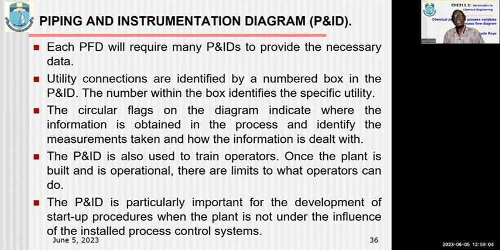So from what I said earlier on, your P&ID is going to be derived from the PFD. Each PFD may require many P&IDs to provide all the necessary data. The utilities connections are also identified by number boxes in the P&ID, just like we have done.